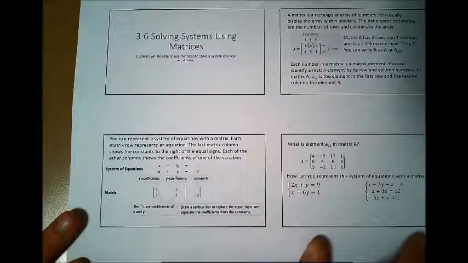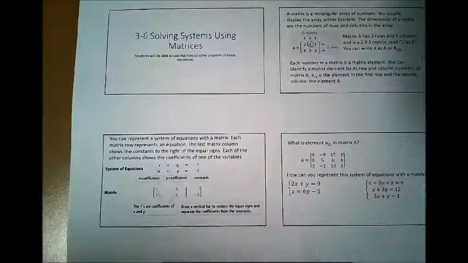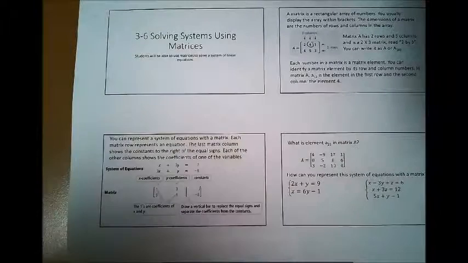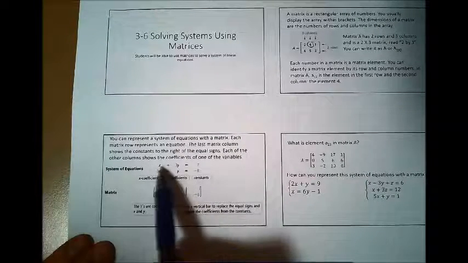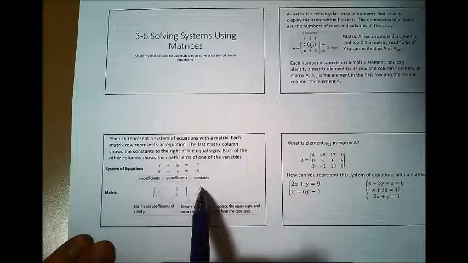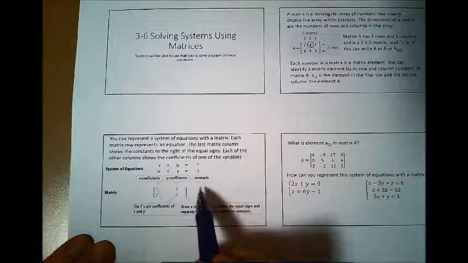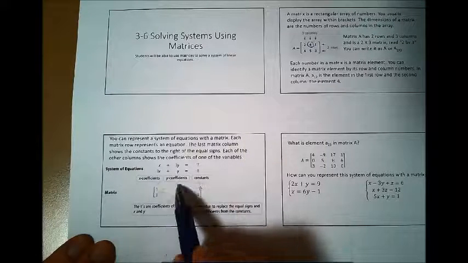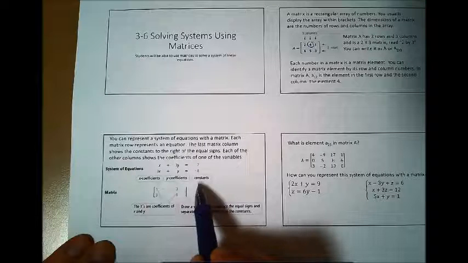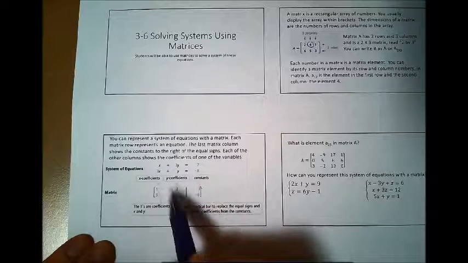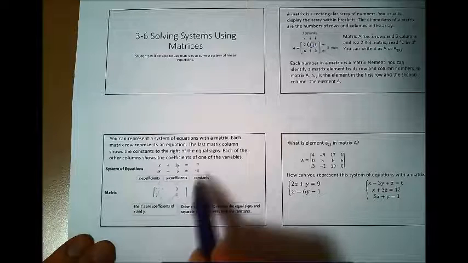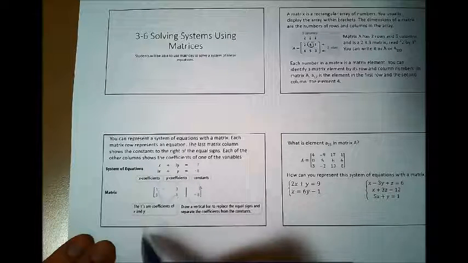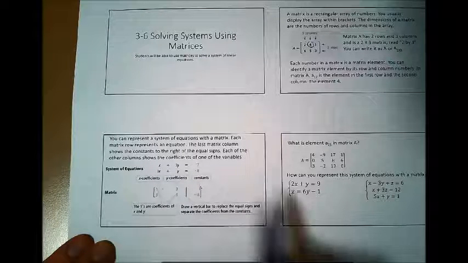So you can represent a system of equations with a matrix. Each matrix row represents an equation, and the last matrix column shows the constants to the right of the equal sign. So it's x, y, constants, or x, y, z, constants.